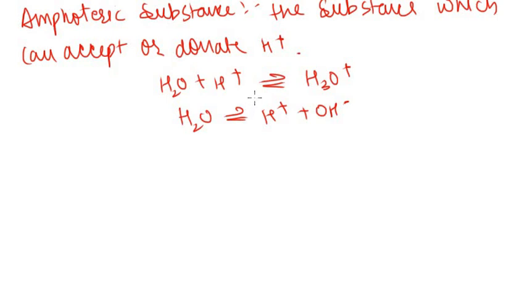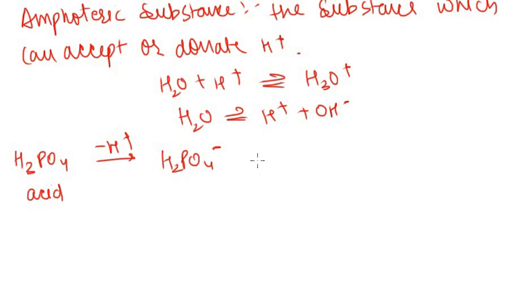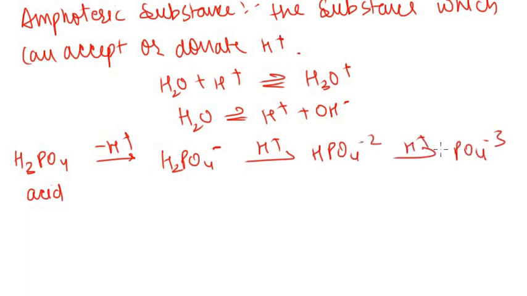So these are amphoteric. What are the other examples of amphoteric? Like if you take the series H3PO4, this is an acid that releases H plus and forms H2PO4 minus. That also releases H plus and forms HPO4 minus 2. That releases H plus and forms PO4 minus 3.